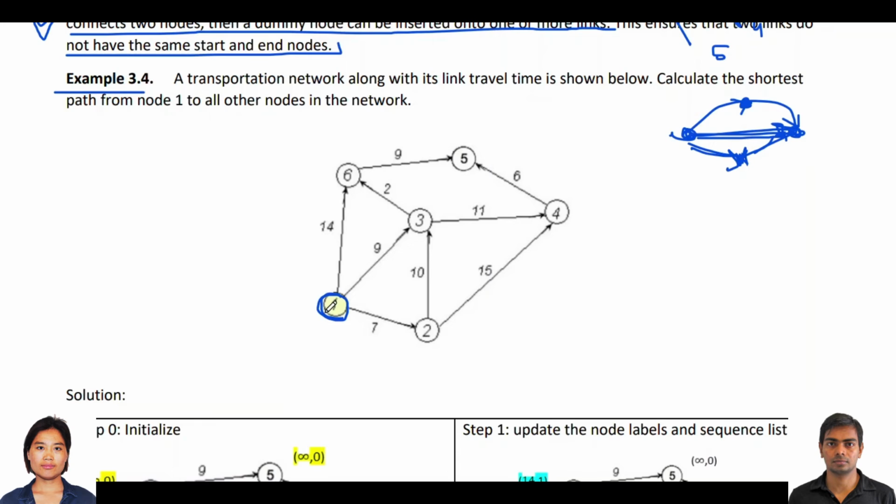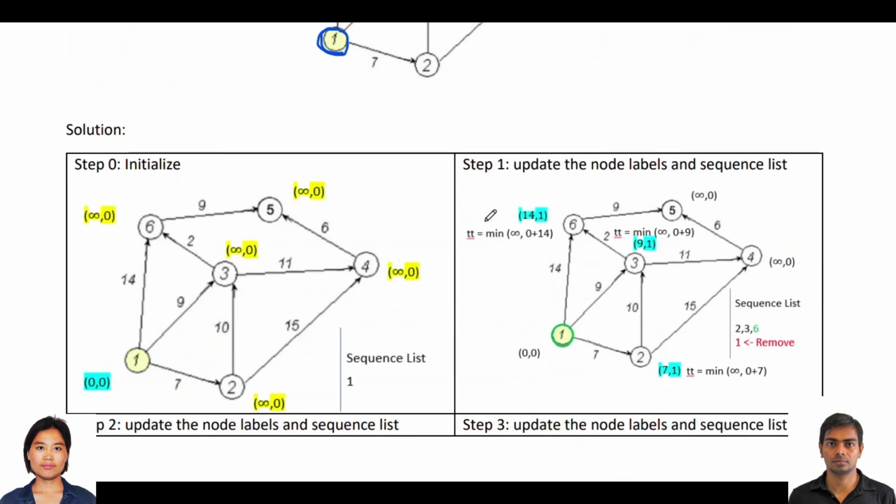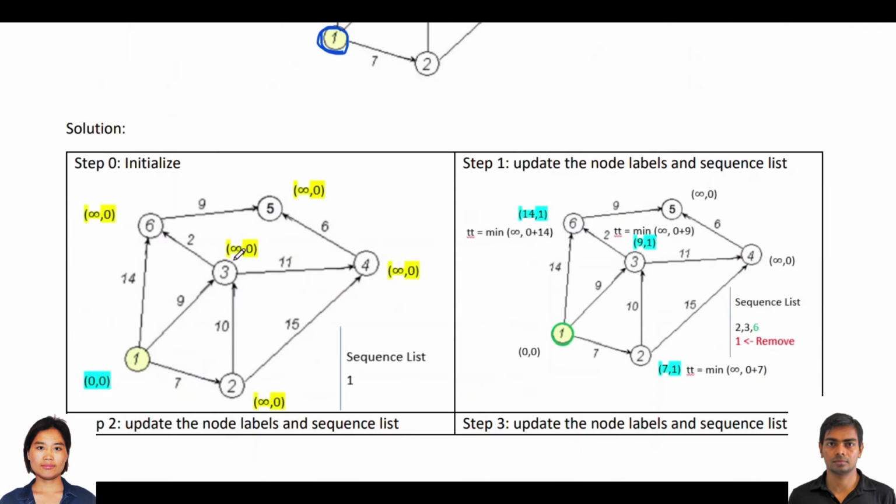So when we are working with Dijkstra algorithm, the flows and travel times are fixed, which are given by these numbers. So the first thing we will do is declare the travel time for all the nodes as infinity and predecessor node as 0, as I mentioned. Then for the origin node, we'll declare the travel time as 0 and predecessor node as 0, because the travel time to go from origin to origin is 0.